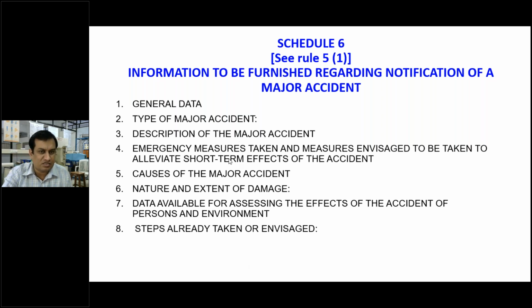So all this data should be filled by the occupier in the schedule 6, and again sub parameters are also given, so that data is given to the concerned authority.